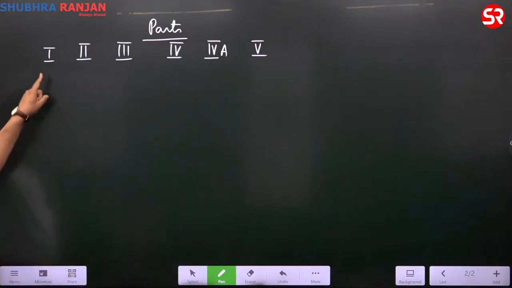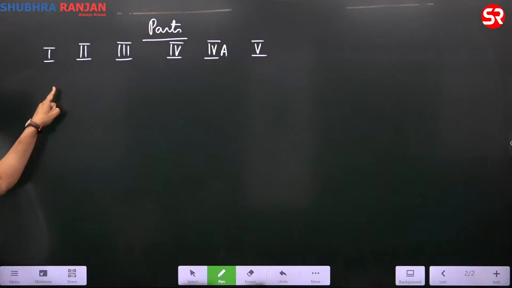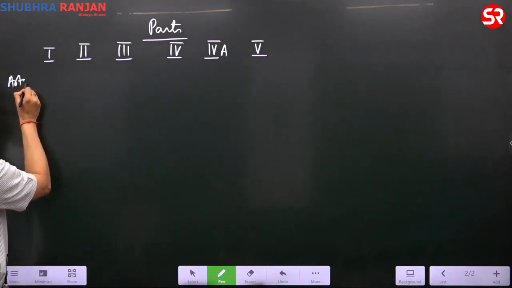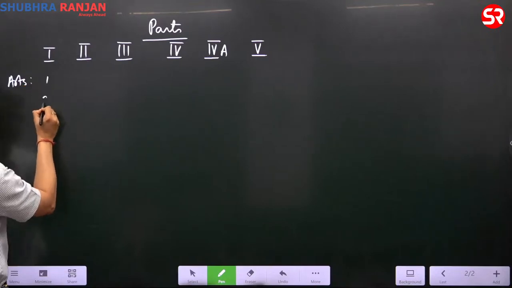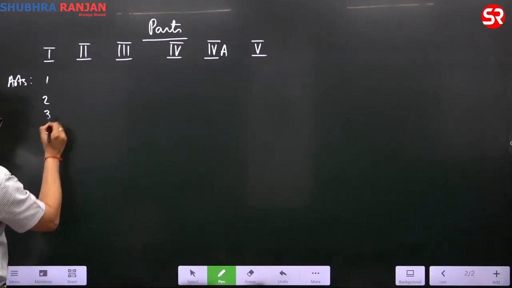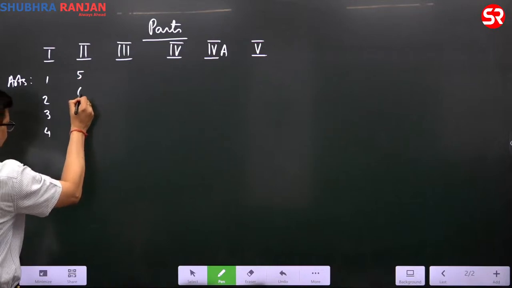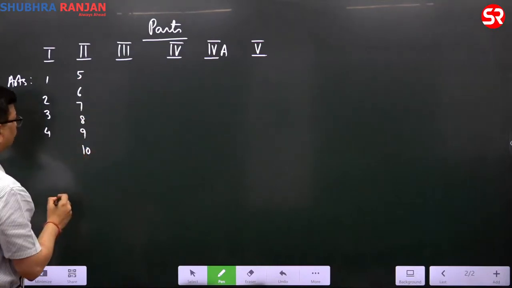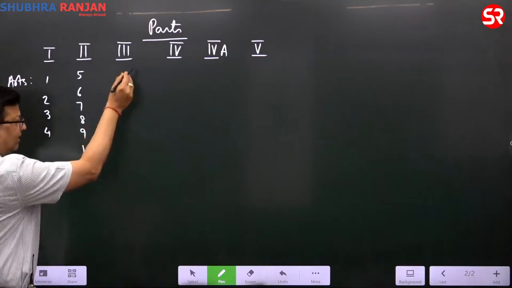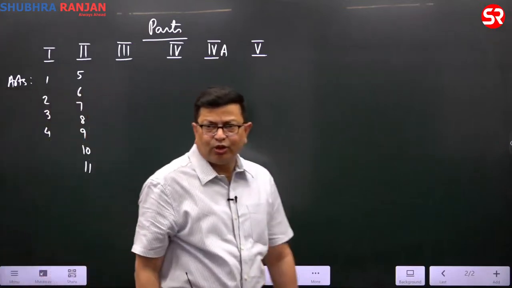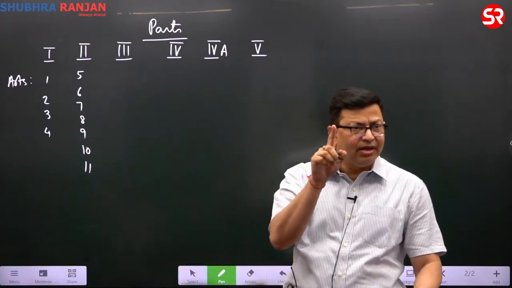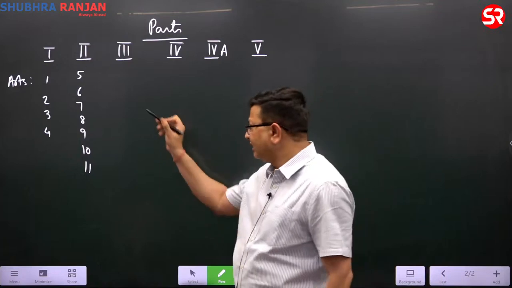And after the parts, we have the articles. So the broader aspects are the parts, and then we have the articles.